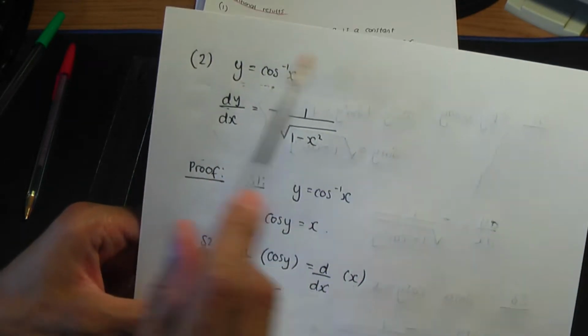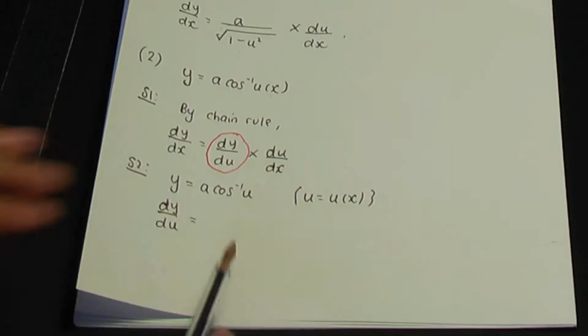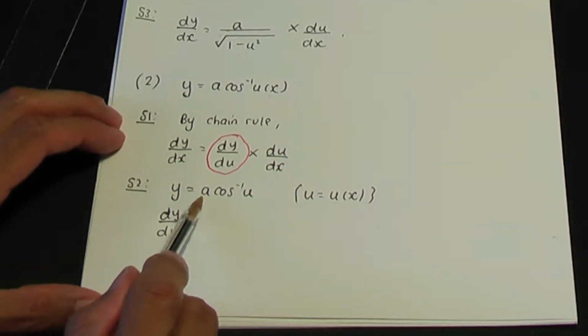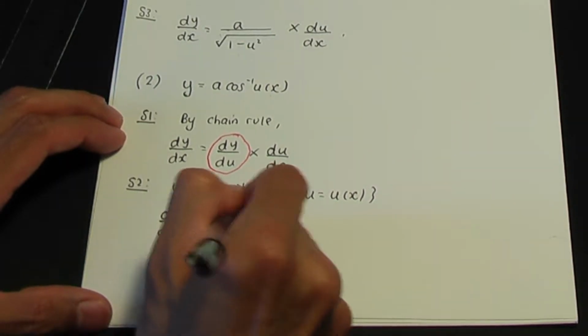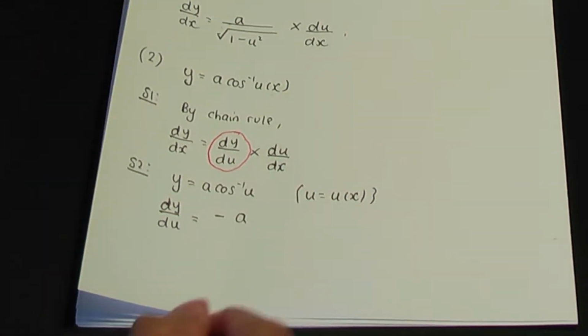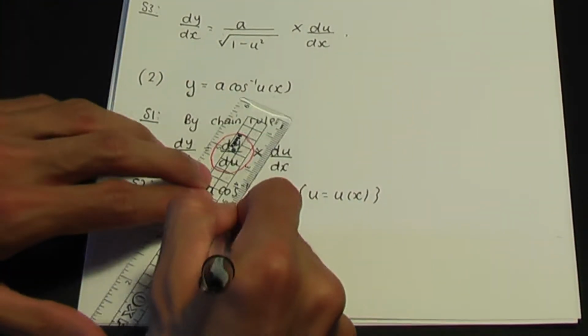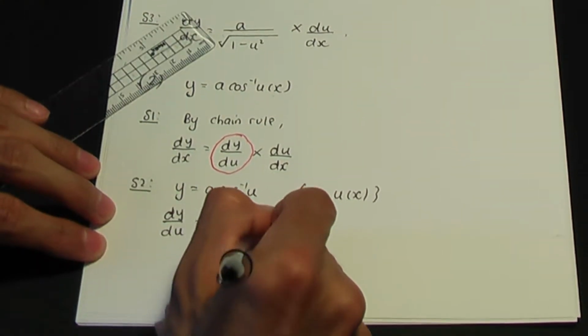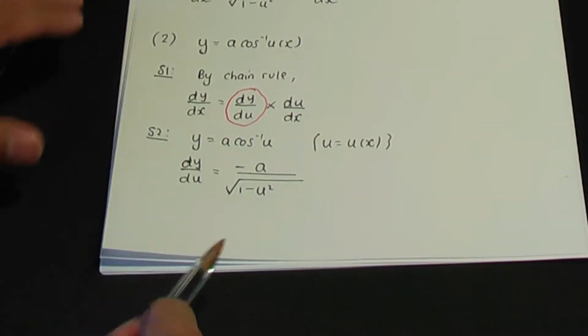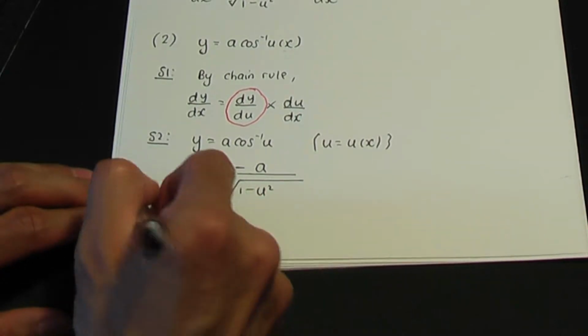So if y is equal to a cos inverse u and a is a constant, dy by du will be minus a divided by the root of 1 minus u squared.